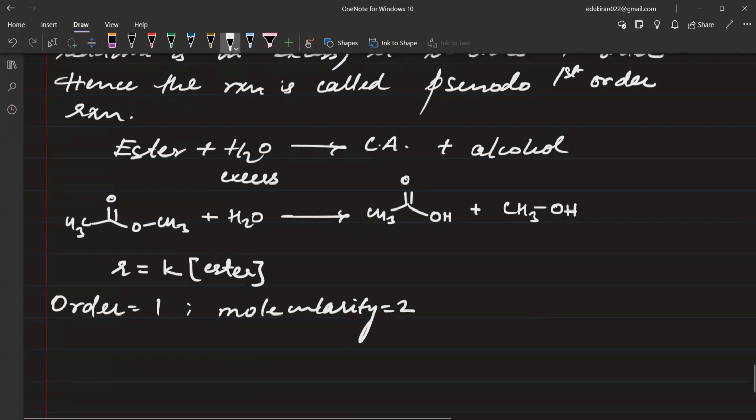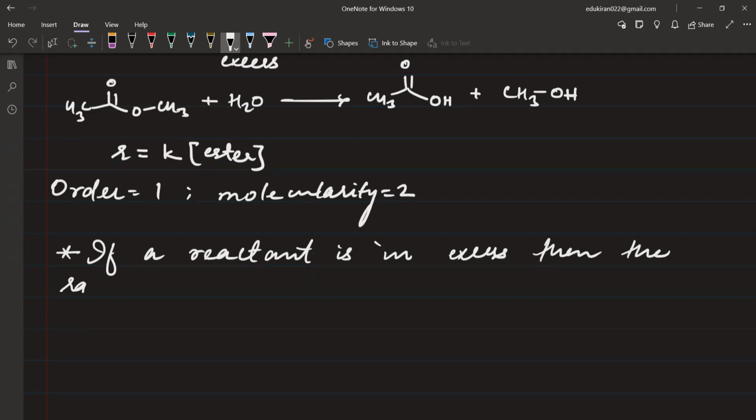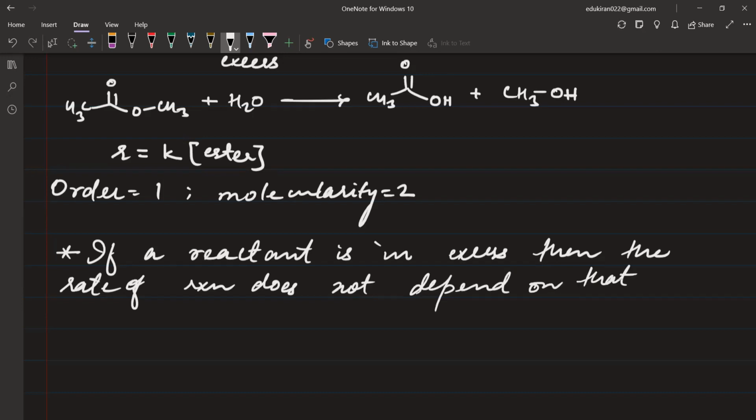Please remember that if a reactant is in excess, then the rate of reaction does not depend on that reactant.